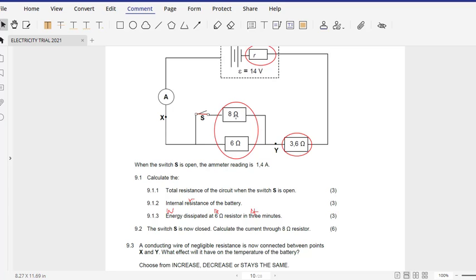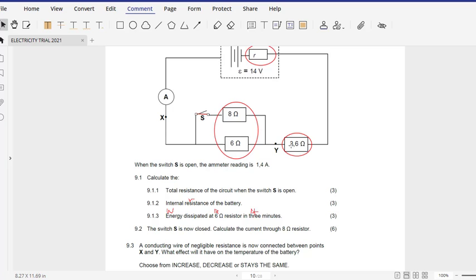Now, how do we get the voltage? Is it possible we can do that? Let us check. One way is to find the voltage of this 3.6 ohm resistor, and also calculate the voltage of the internal resistor, which is the lost volt, and then we subtract it from the total voltage, which is the 14 volt, and then the remaining will be the voltage for this parallel section.